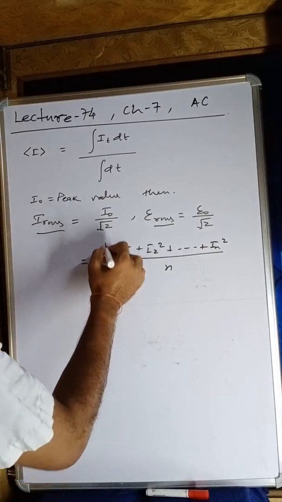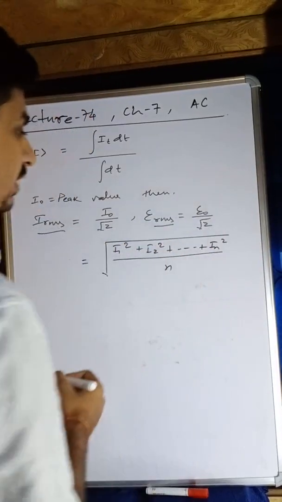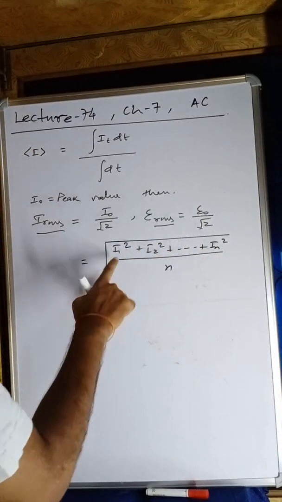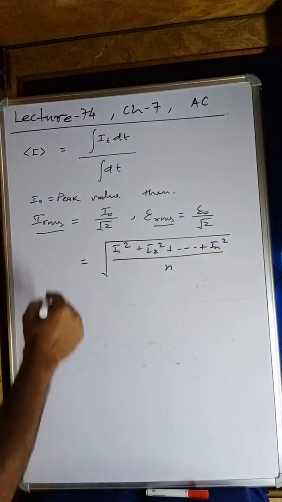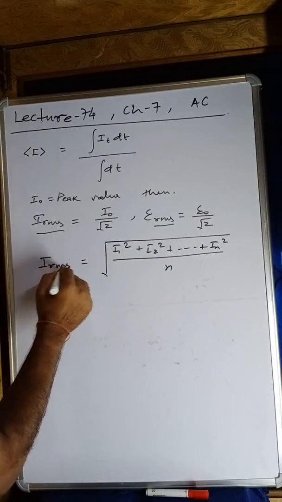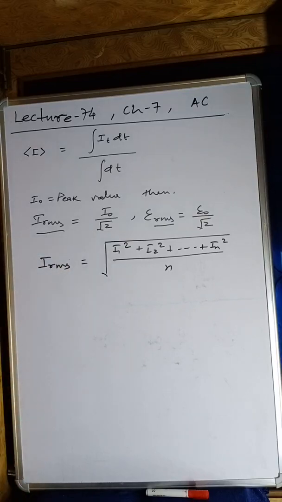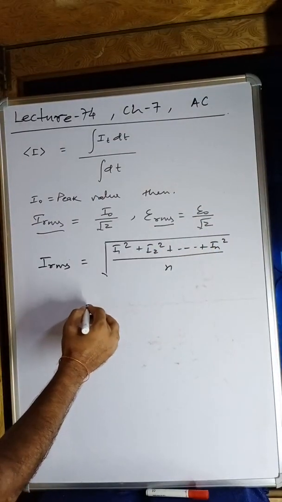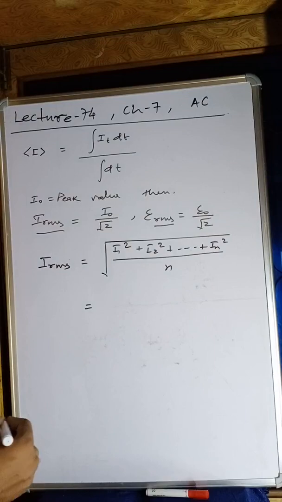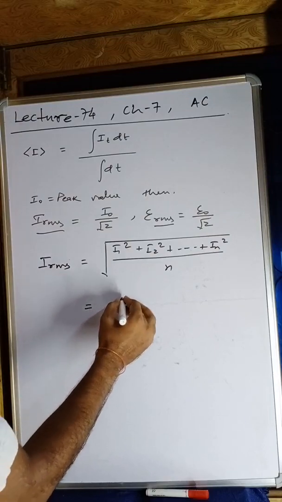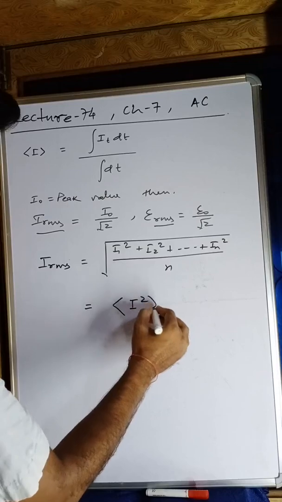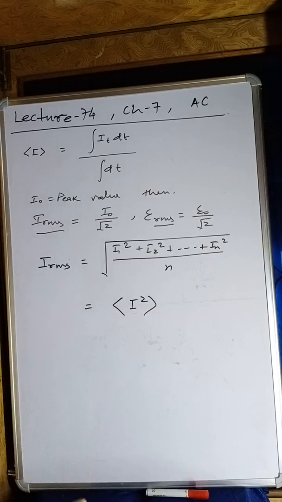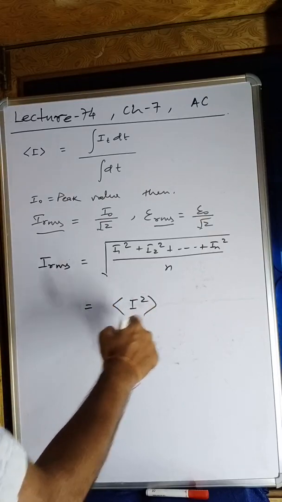And if we apply the root here, then it will be considered as the root mean square current, and this is IRMS. Could we write this one as, you can see, this is I square, and this bracket represents the average value.